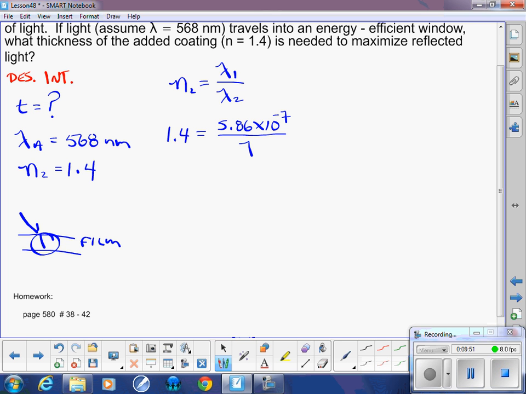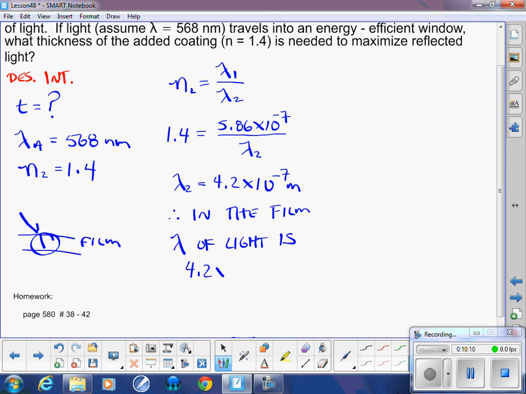And we're looking for that new lambda. So doing the calculations here, 4.2 times 10 to the negative 7th meters. So therefore, in the film, the lambda of light is 4.2 times 10 to the negative 7 meters.